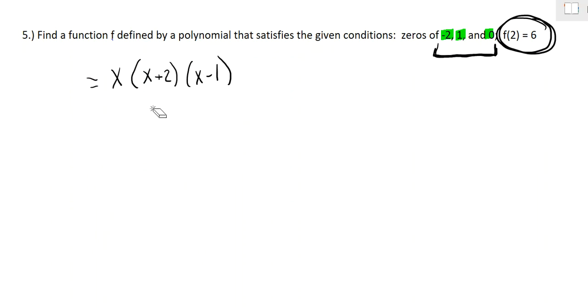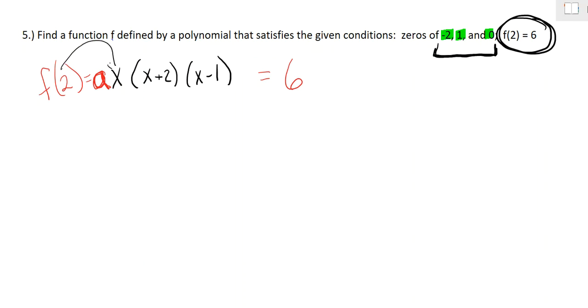Having this x times quantity x plus 2 times quantity x minus 1, that's a good start. But what we need to happen is when I plug in 2, that this outputs 6. So I'm going to actually put a coefficient there because some number times this will give me this number.